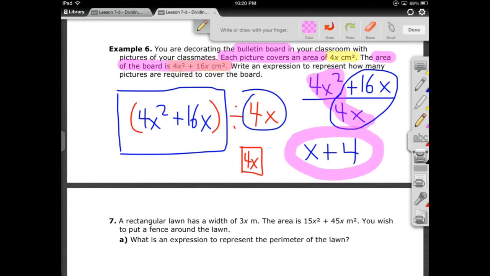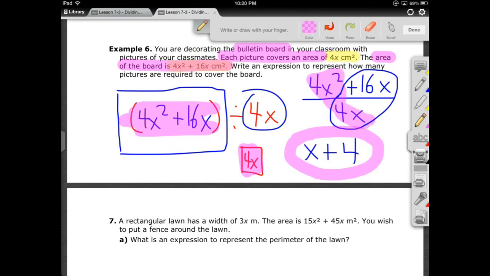So when you look at this and you say, okay, so what does that mean? That means if each of these little pictures takes up an area of 4x, and if this is our larger area, if we divide up the larger area by the small area, we say that it must be x plus 4 pictures. Now that sounds a little bit weird, but if you take your factors and multiply them, they should give you the bigger area.